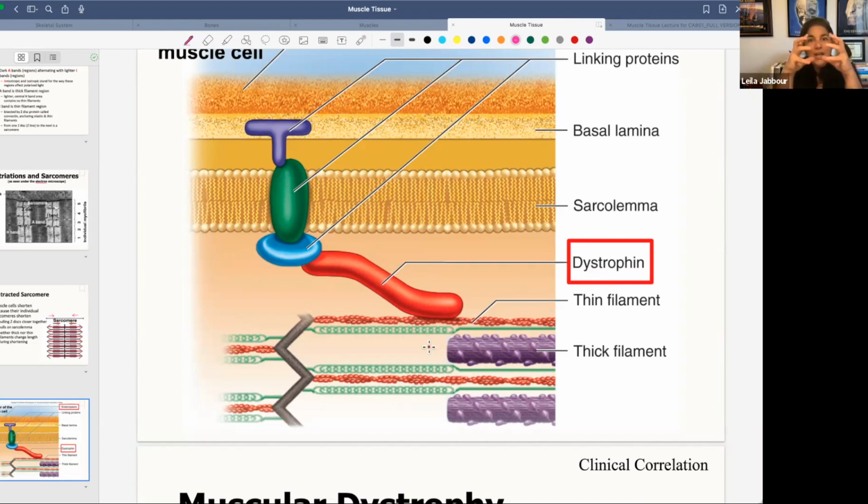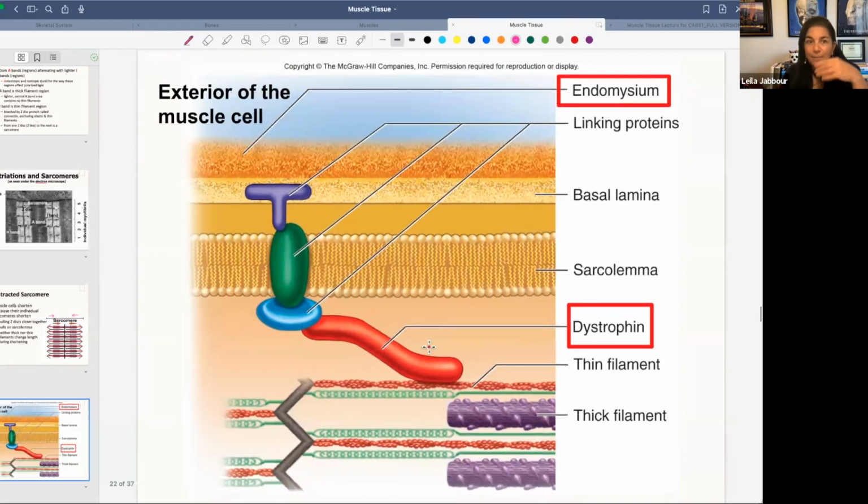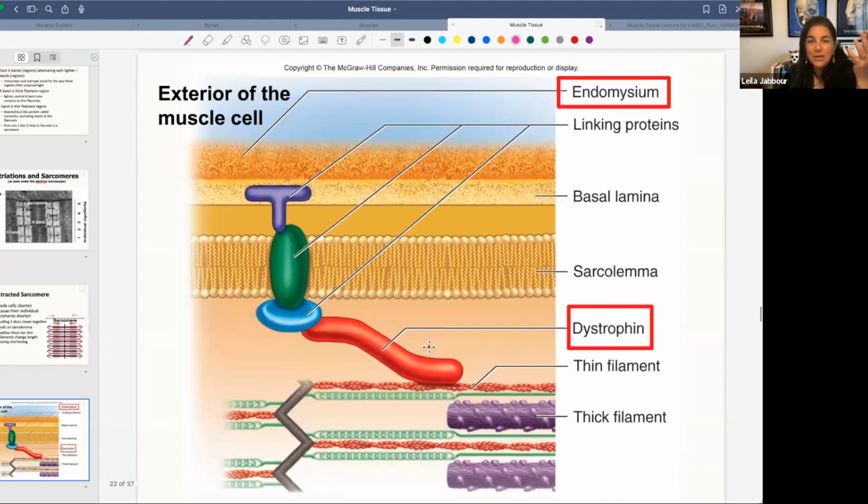That way, the whole cell shrinks with the sarcomeres. These are linking molecules that link the thin and thick filaments to the membrane. This is the membrane. The sarcolemma is the plasma membrane, the phospholipid bilayer.